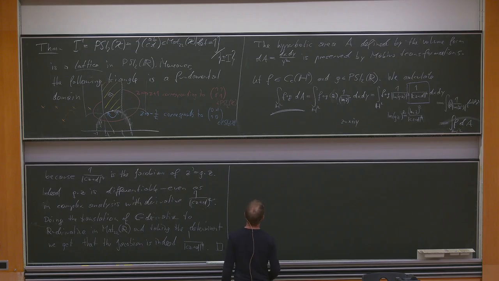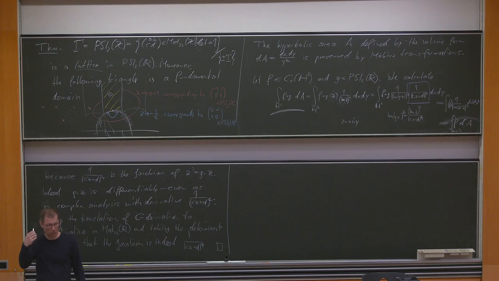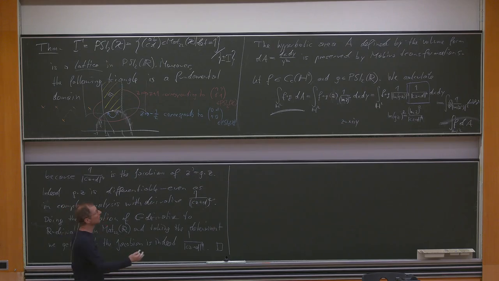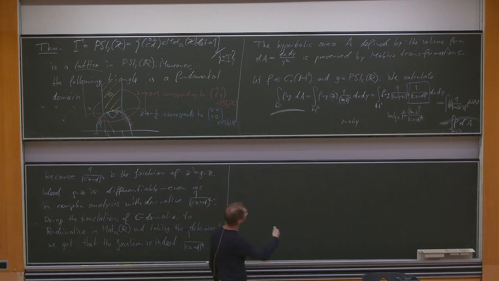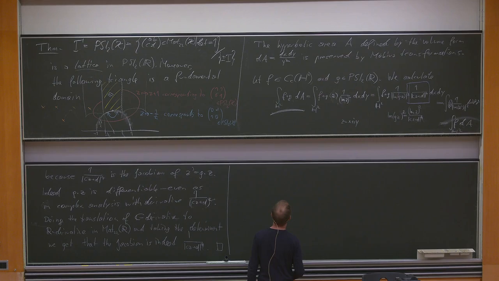Okay. It would be nice to have a volume form on the unit tangent bundle as well, because then I can do stuff on the unit tangent bundle, maybe prove some things with that. And this is what I do. I just add the Lebesgue measure on the circle to it.